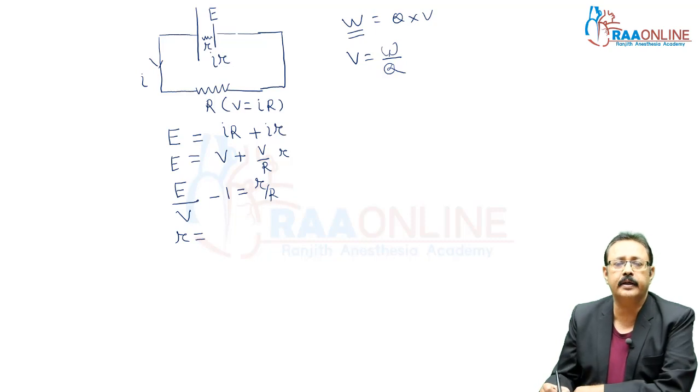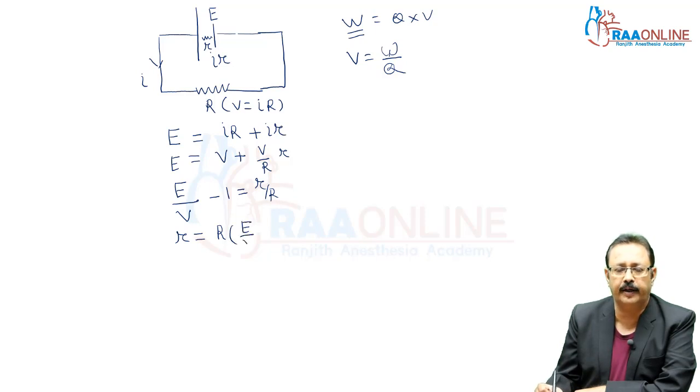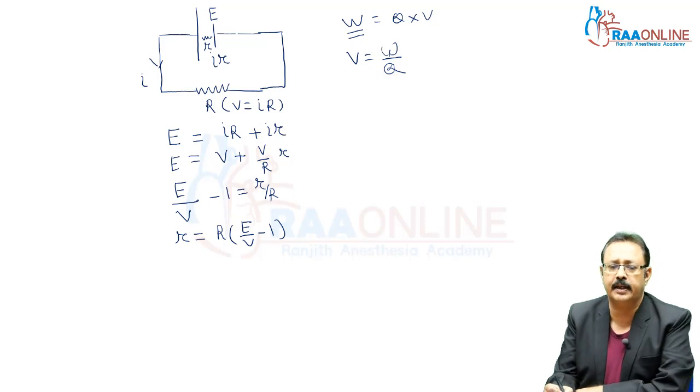Calculate the internal resistance of the cell. So what is the formula now? r is equal to R into (E upon V minus 1). If you know the potential difference across the external resistance and the EMF of the cell, you can calculate the internal resistance with the help of this result. A very useful result.